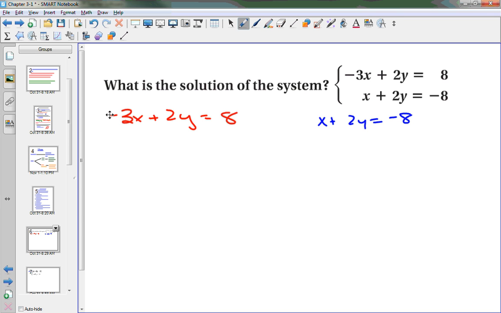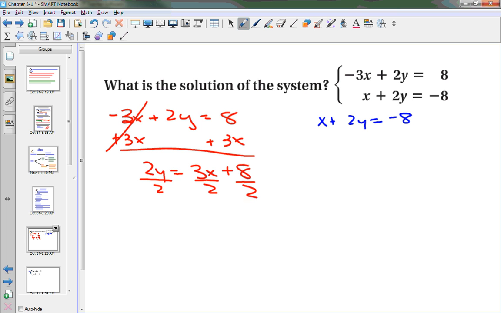I'm solving for what letter here? I'm solving for y, so what do I do? I'm going to add 3x to both sides. So I have 2y is equal to 3x plus 8. Then what? I'm going to divide each term by 2. So I have y is equal to 3 over 2 x plus 4. Now from here, tell me, what is my slope?